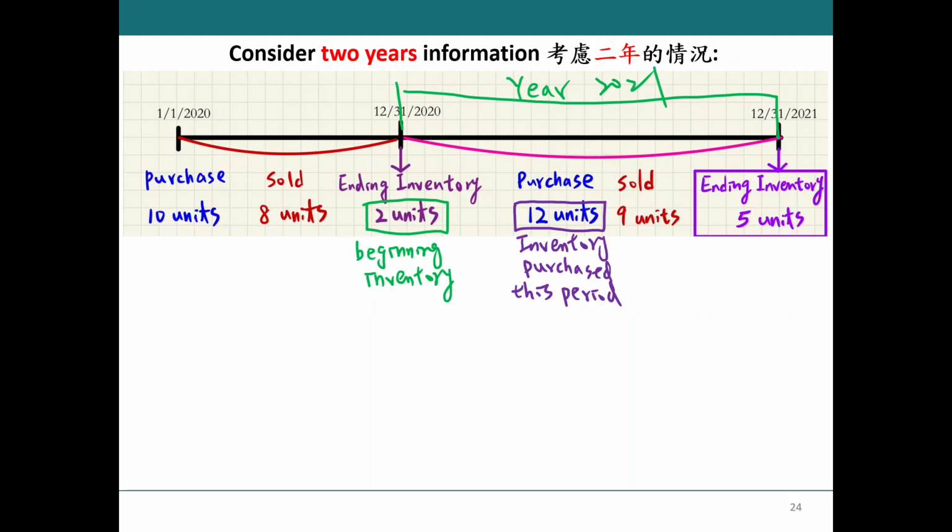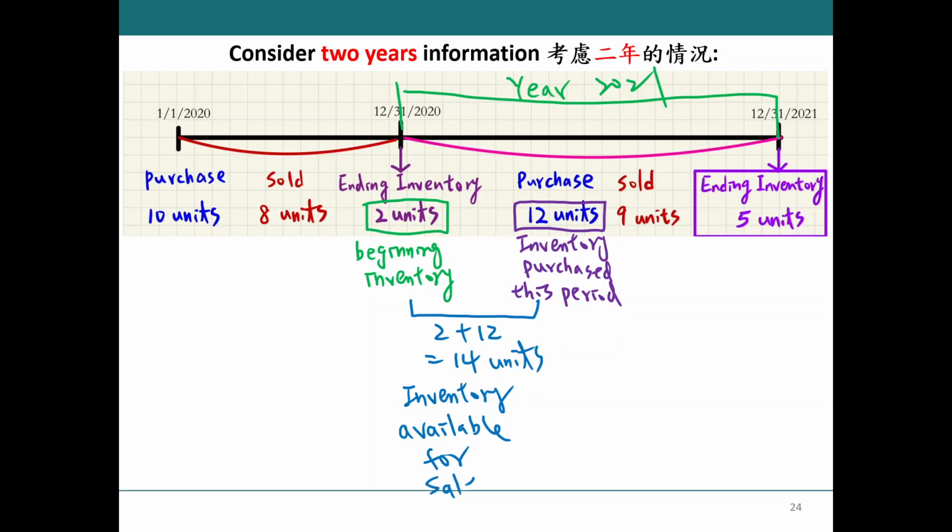So totally, I have 14 units. That's the inventories we have available for sales. 可供销售存货.